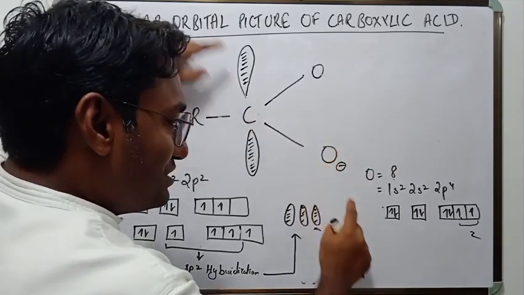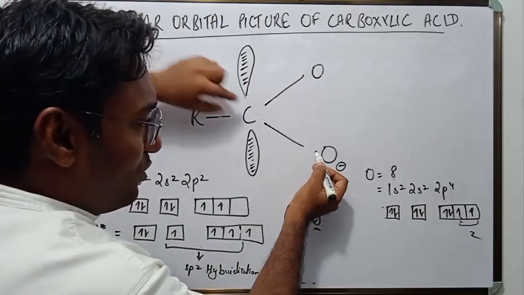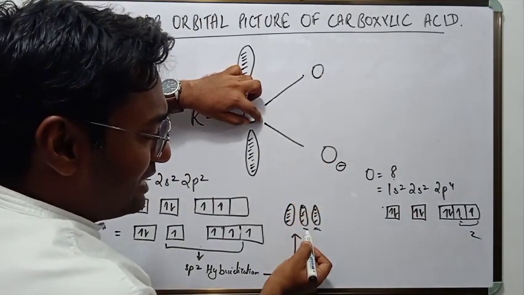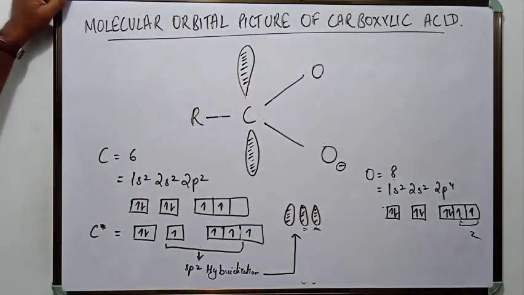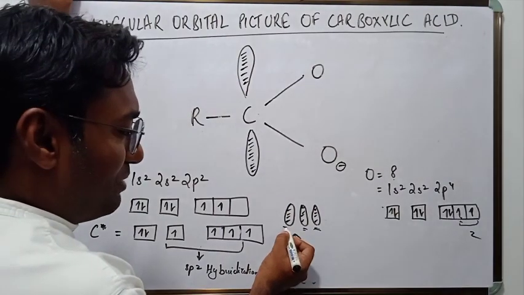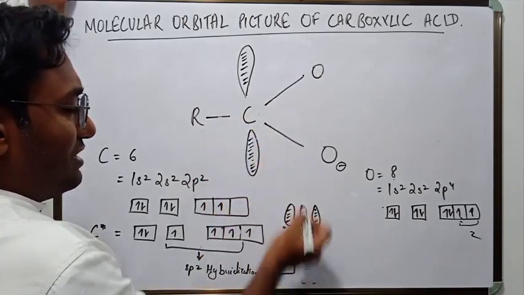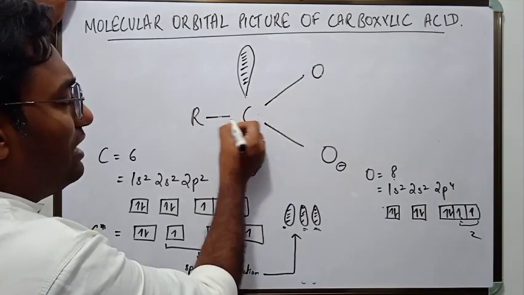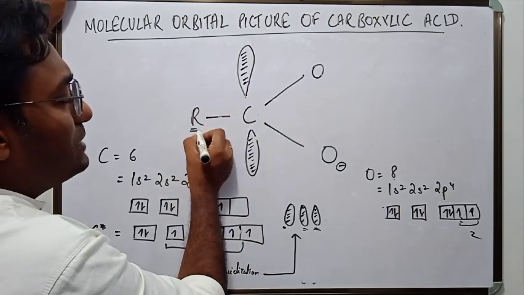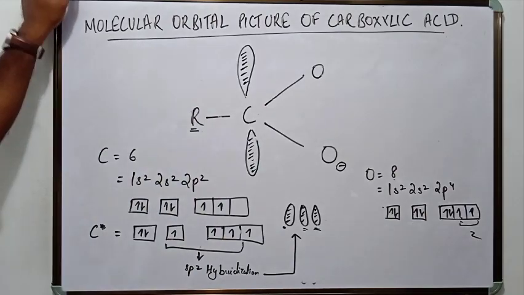For the other oxygen, this orbital, the py orbital, overlaps with the second sp2 hybrid orbital. So what happens to the third sp2 hybrid orbital? The third sp2 hybrid orbital overlaps with an sp3 hybrid orbital of the alkyl group.